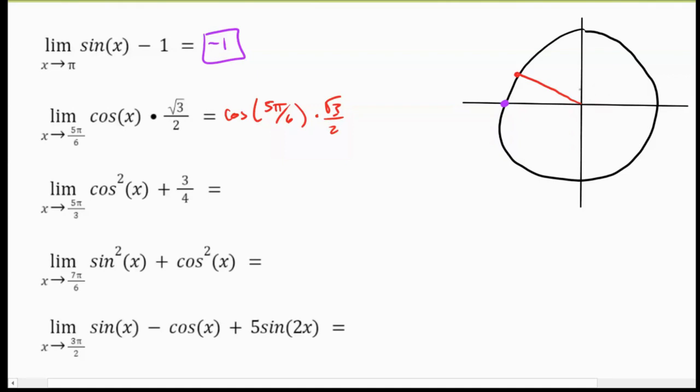So about here, meaning this is the one where the short side is the y value and the long side is the x value. And since I'm going to the left, I know that my x value is going to be negative. Since I'm looking at cosine here, I know this has to be negative root 3 over 2.